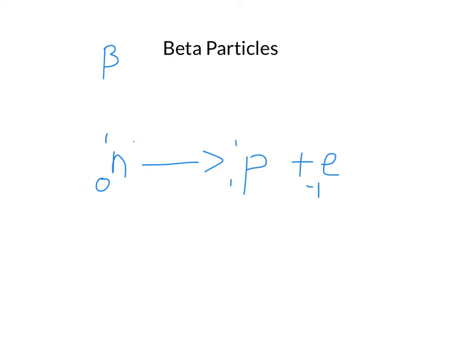And the electron will have a mass of 0. Now I know you can look up your log tables and find the mass of an electron, and you could give it a very specific number that isn't 0. But compared to the mass of a neutron or a proton, the mass of the electron is negligible. So we just say for these purposes that its mass is 0, because it would be a tiny fraction of our atomic mass unit that we're counting as 1.